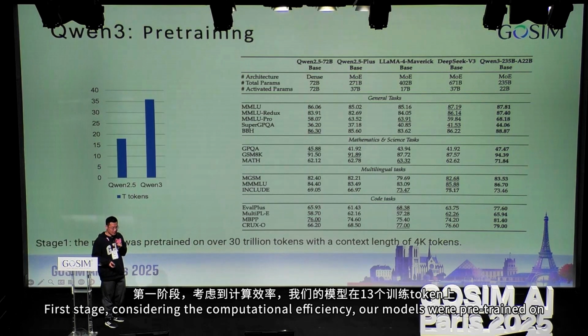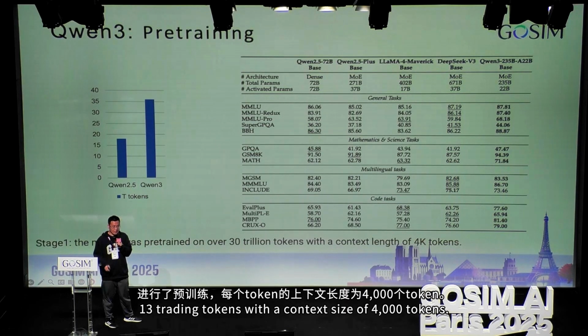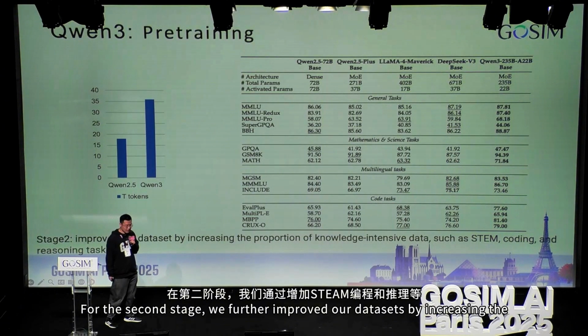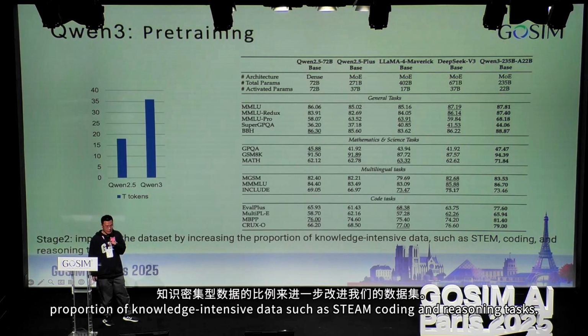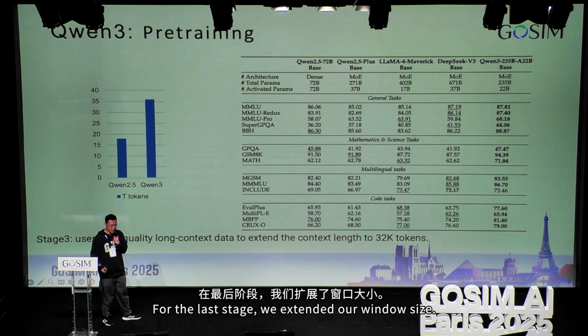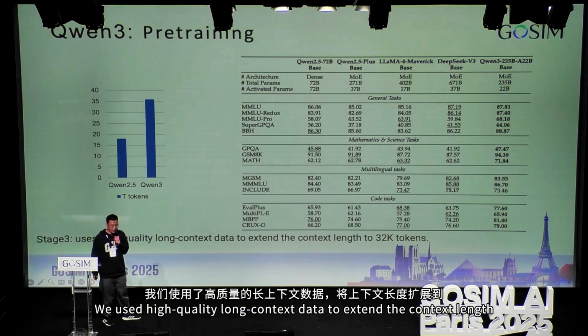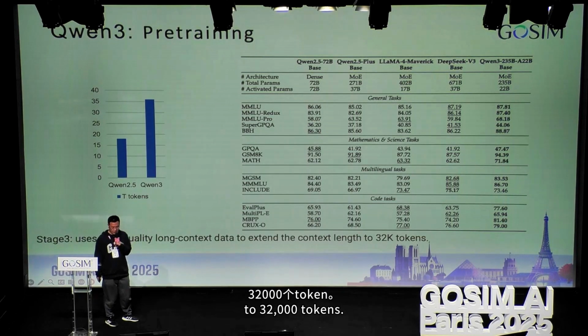In the first stage, considering computational efficiency, our models were pre-trained on 30 trillion tokens with a context length of 4,000 tokens. For the second stage, we further improved our datasets by increasing the proportion of knowledge-intensive data, such as STEM, coding, and reasoning tasks. For the last stage, we extended our window size. We used high-quality long context data to extend the context length to 32,000 tokens.